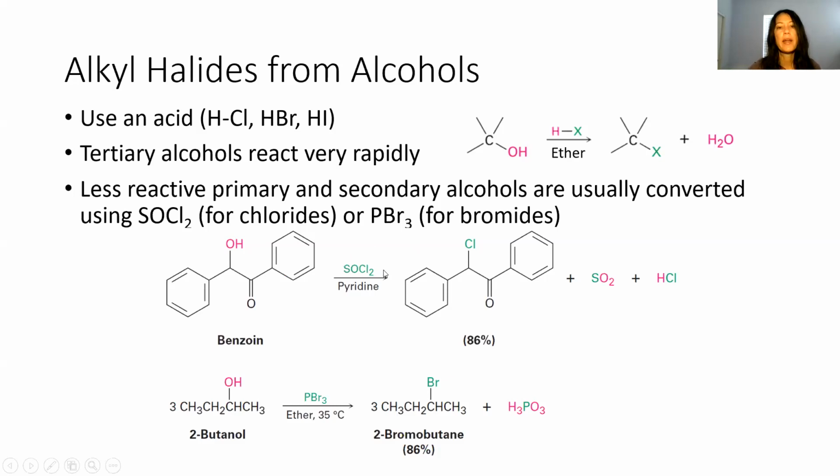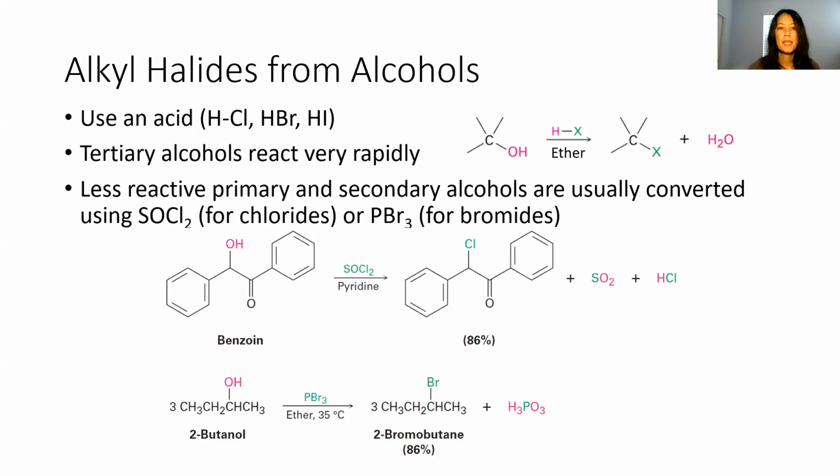If you want to generate chlorines, you will utilize what's called thionyl chloride, this SOCl2 reagent, in the presence of pyridine. And this alcohol attacks the sulfur. You create a really good leaving group, and chlorine comes in and kicks out.